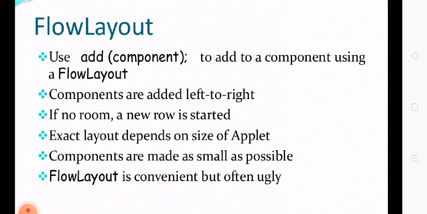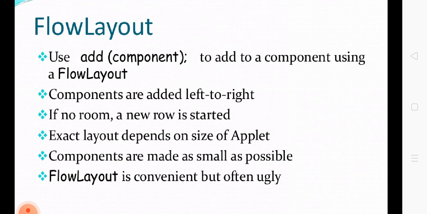Now, how can you use a flow layout? If you are using a flow layout, you will need to add components, and you should follow some steps. All the components are added from left to right.